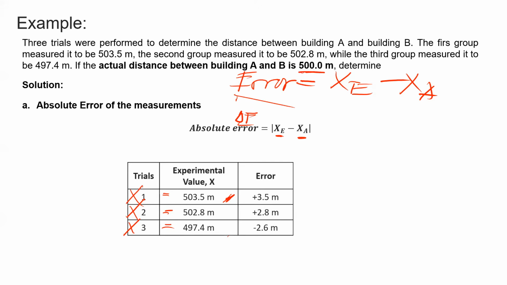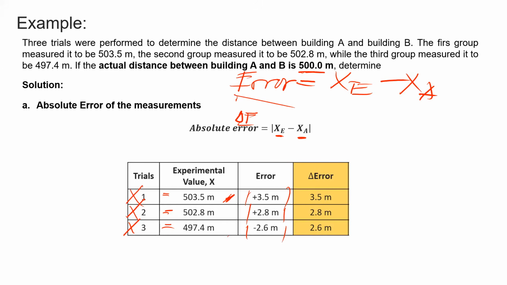To get the absolute error, just simply get the absolute value of this. When you take the absolute value, you get the absolute error. Again, the positive and negative sign denotes whether the experimental value is higher or lower than the actual value by the measure of error. Absolute error measures the size of the deviation from the actual value but will not tell you whether your obtained value is smaller or larger.